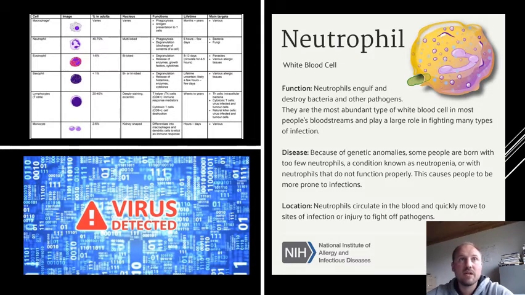And if you see one that looks like a whole bunch of blobby nucleus things in there, that's multi-lobed, and that's your neutrophil. So those are just some pictures to give you a better idea what those leukocytes look like under the scope.